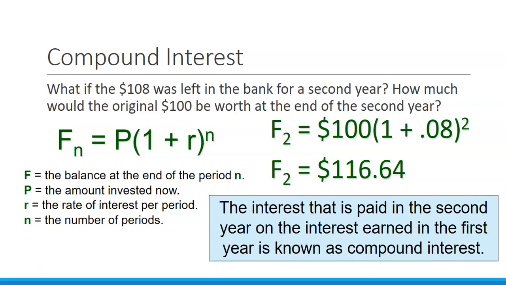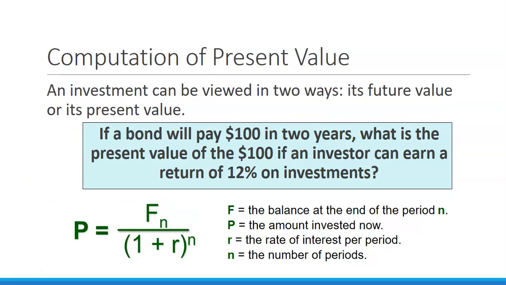Even though it's an 8% interest, we earn more money on $108 than we do on $100. Then in year 3, we would earn more money in that 8% on $116.64 than we would on $108. That's future value.